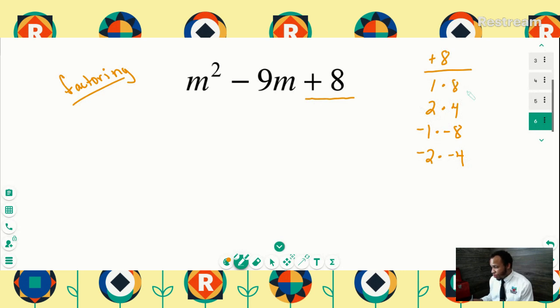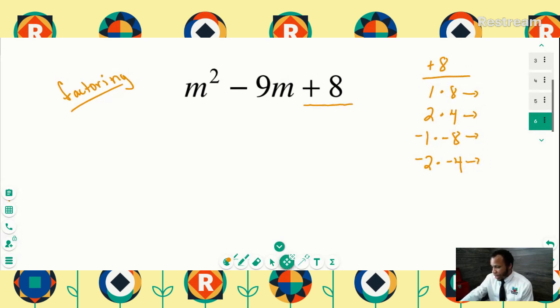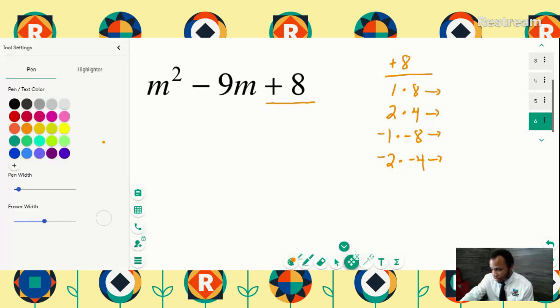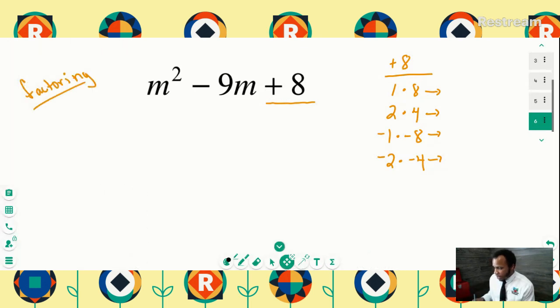So now from here, what we want to do is identify which of these factors we can put together to get a -9. So let me get a different color so this will stick out. Over here to the side, we have 1 plus 8, since both of these are positive.